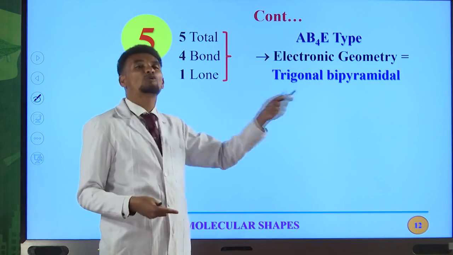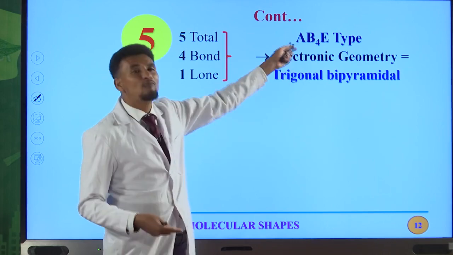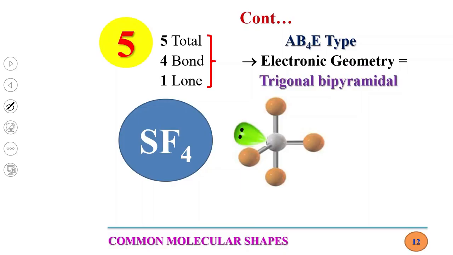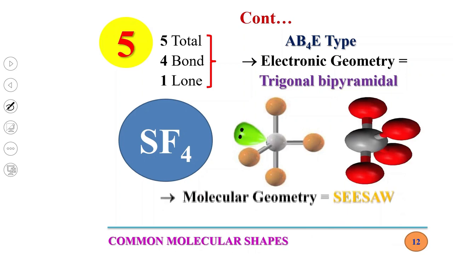So this is the electronic geometry for said type of molecules. It can be drawn like this. We have one lone pair of electrons in the equatorial position. I told you about this one. It can never be on the axial position. To minimize repulsion between electrons, this lone pair of electrons is placed in the equatorial position.